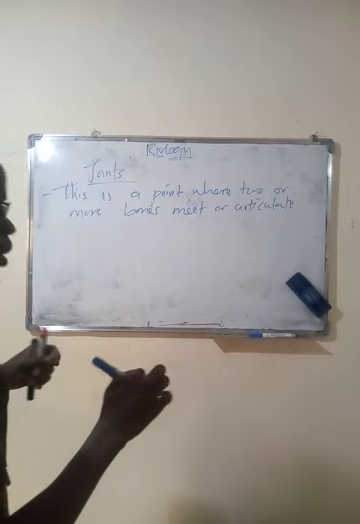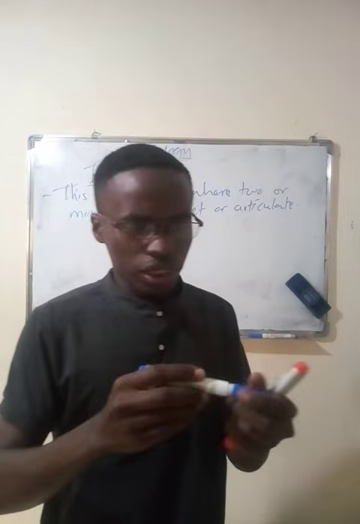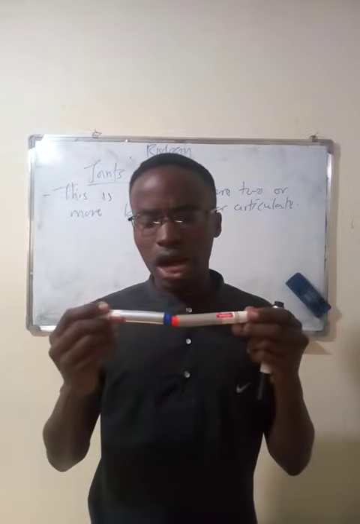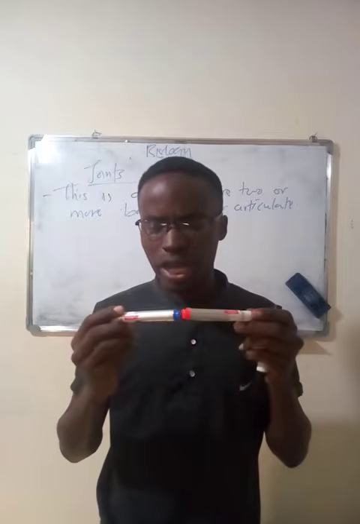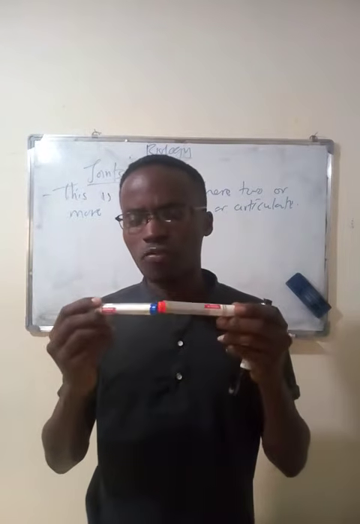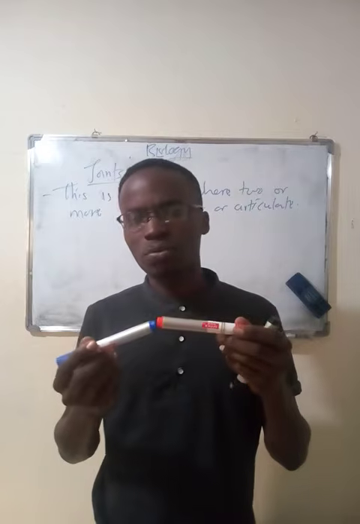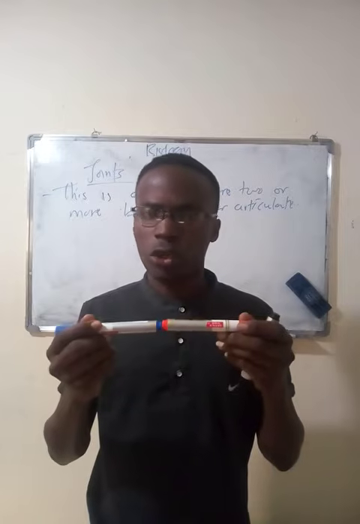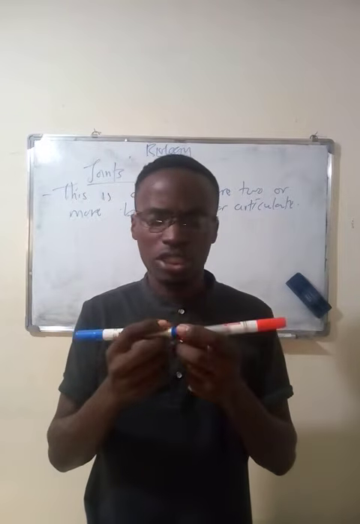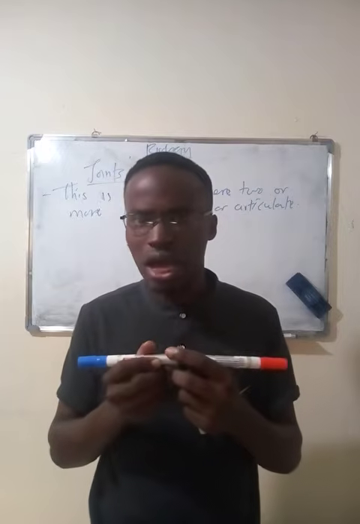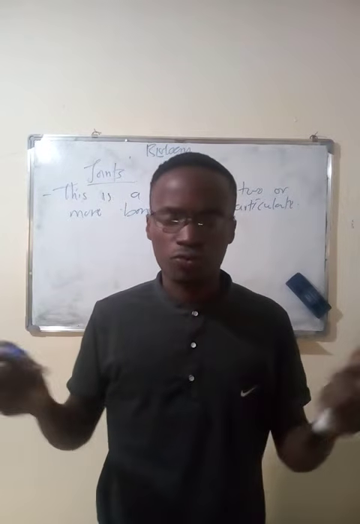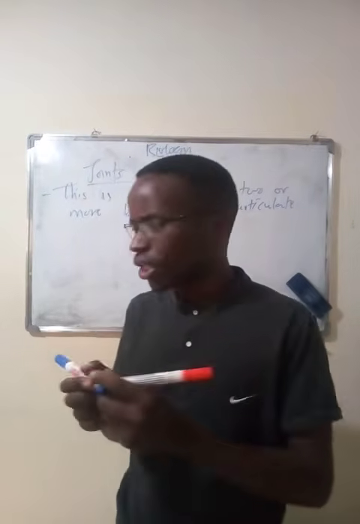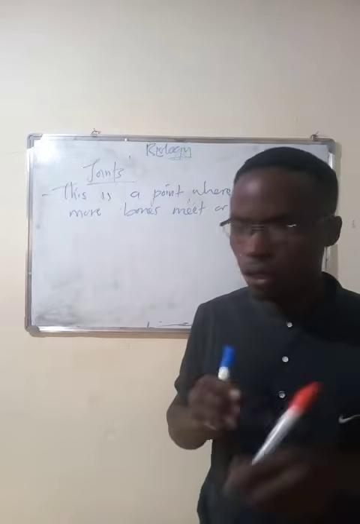If there's this bone and then also this bone and they meet here, such that they allow some level of movement at that point, whether it is slight movement or whatever movement, then that point is called a joint, because that's where two bones are meeting. It could also be three bones meeting there, or four bones. Whatever number of bones, as long as bones are meeting, that point is called a joint.